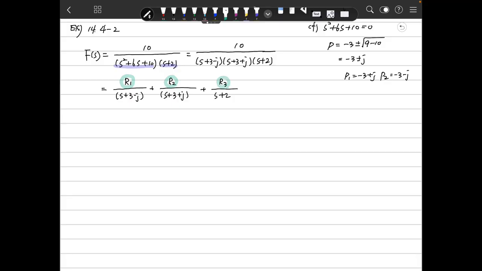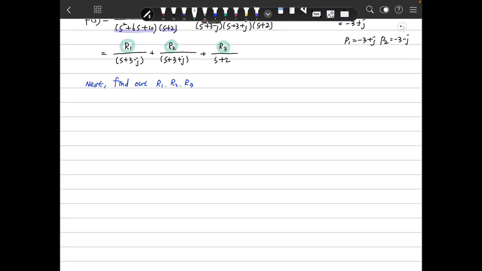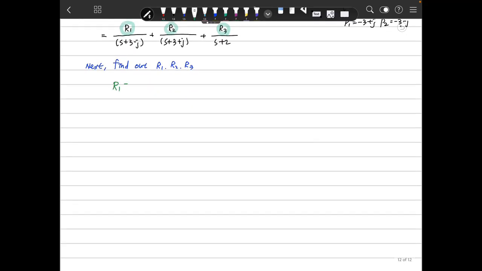So to do that, what should we do? The first, r1, will be s plus 3 minus j times F(s), with s equal to minus 3 plus j.